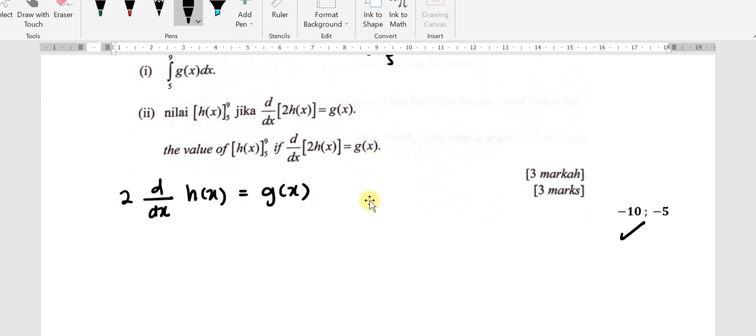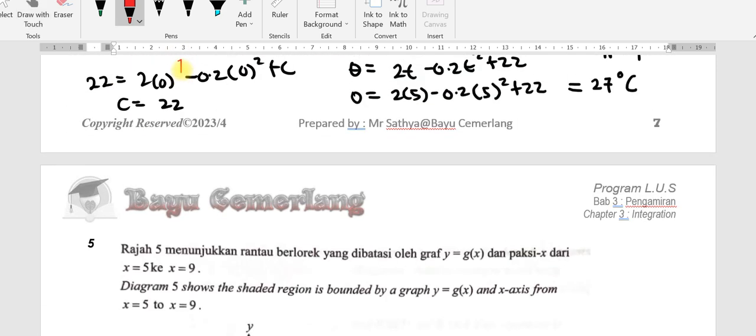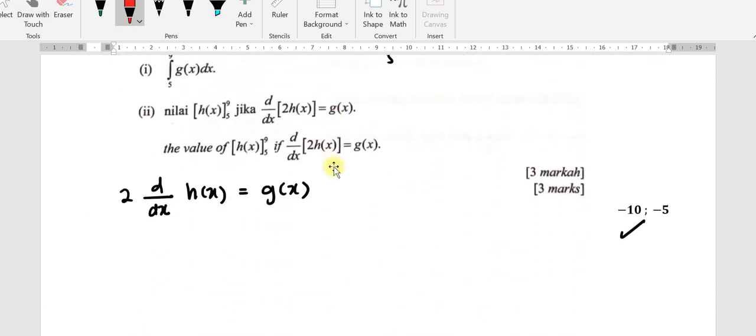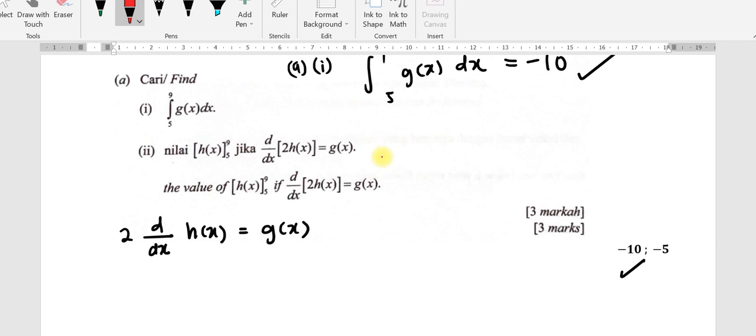Sekarang what I can do is I don't have any knowledge about the hx, right? But then ingat lagi kita ada integration tadi tu. So I want to add this thing. Syarat dia kalau you add here 9,5 towards the x, you also must add here 9,5 dx.